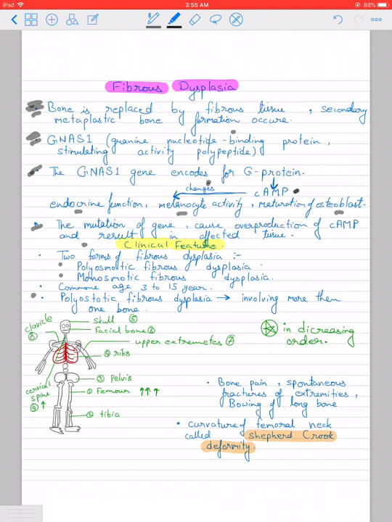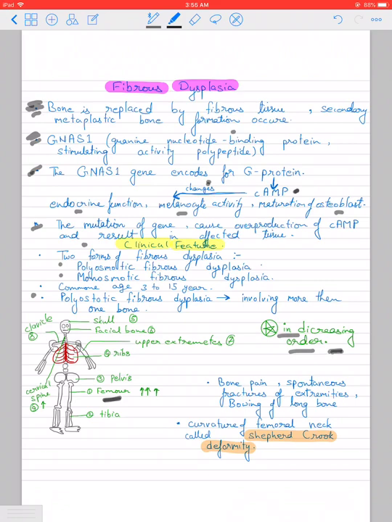The bones are listed in decreasing order of frequency. The femur is involved most frequently, and less than that the tibia is involved, and further in decreasing order.